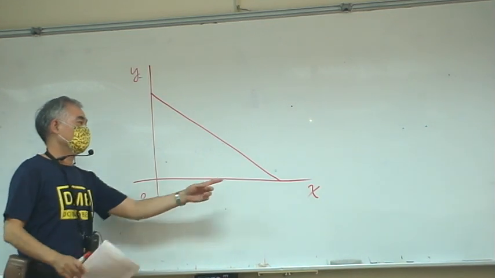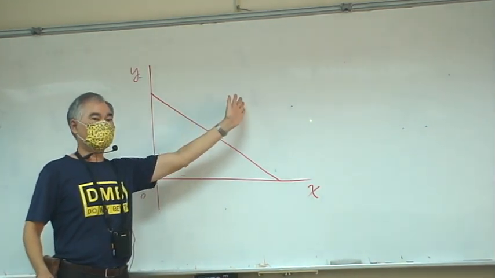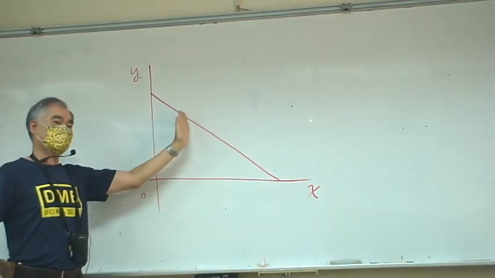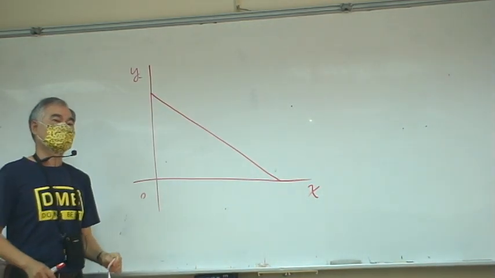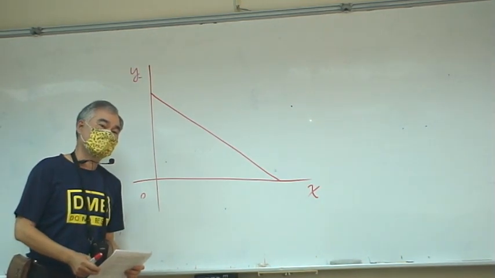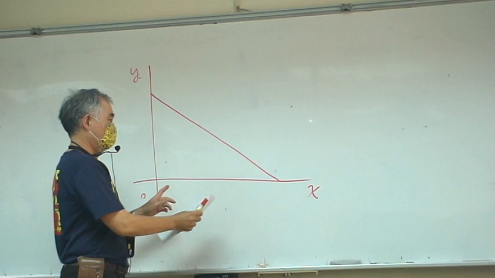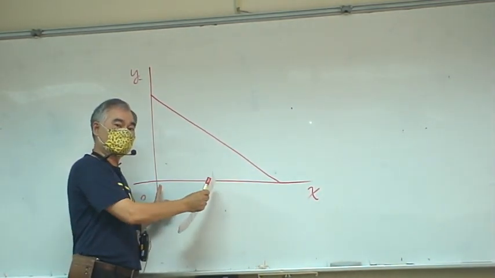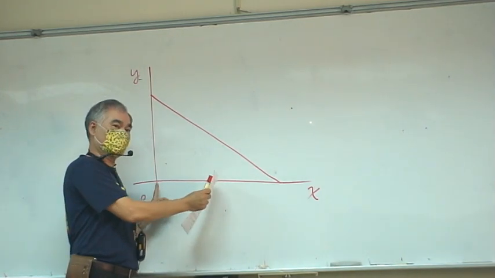Parallel out, parallel in, or flatter out, steeper in? Which one? Steeper in, okay? Because when price goes up, the amount of X you can buy is less.